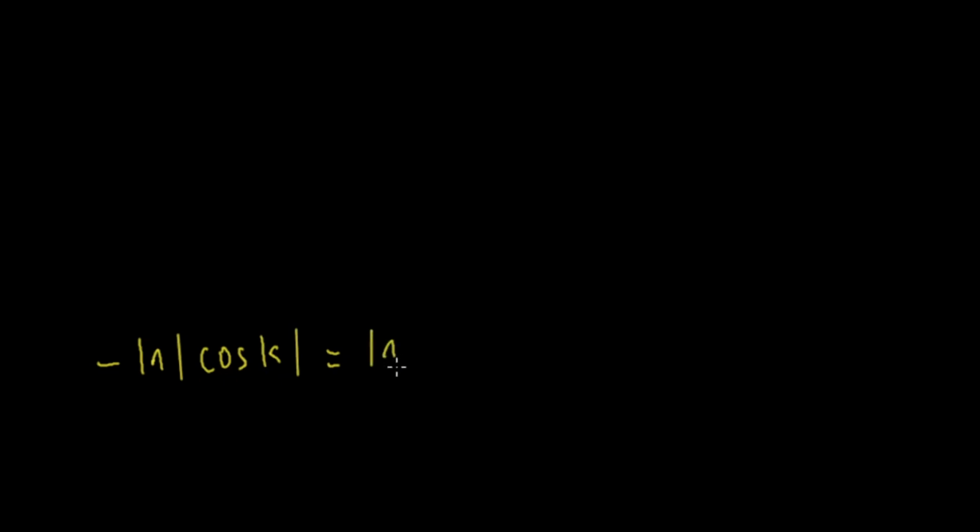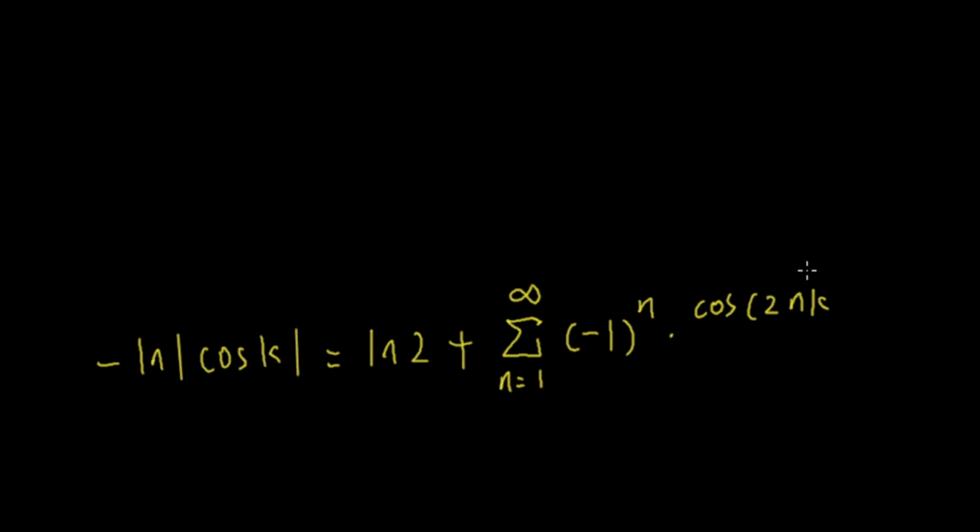So here, negative ln of cosine k is equal to ln of 2 plus the sum from n equals 1 to infinity of negative 1 to the power of n times cosine 2nk, all divided by n.